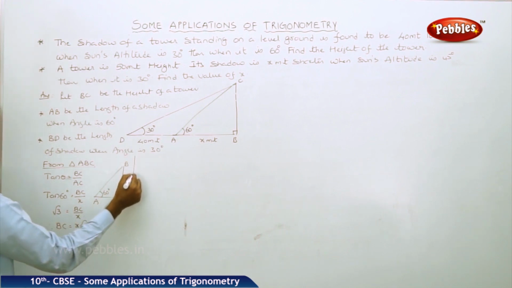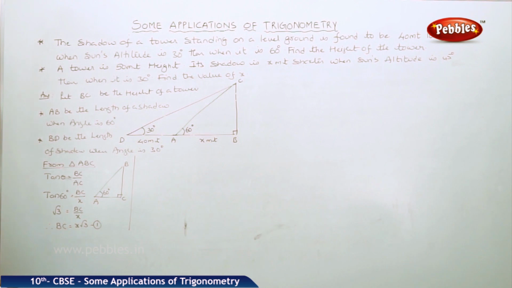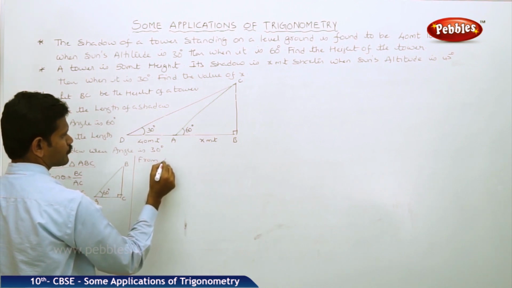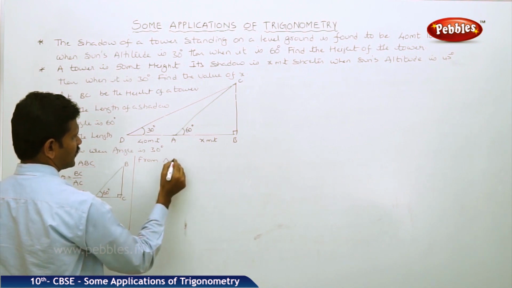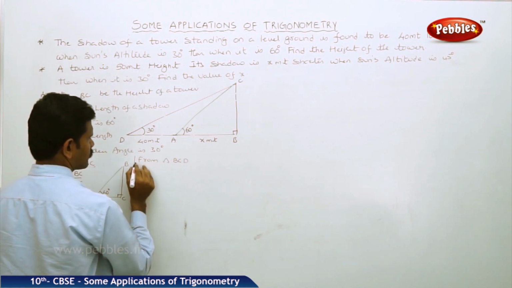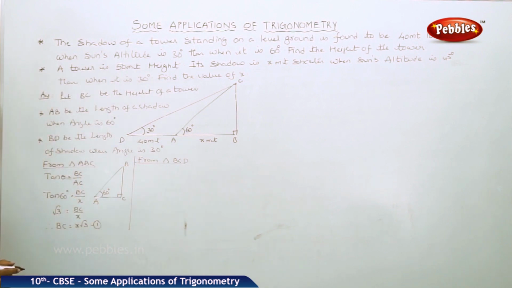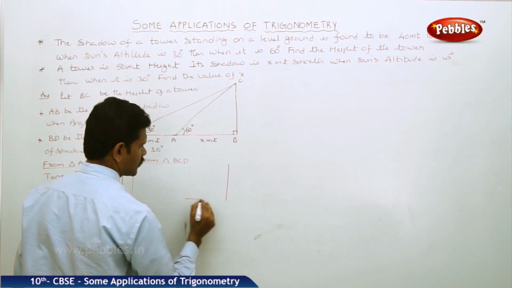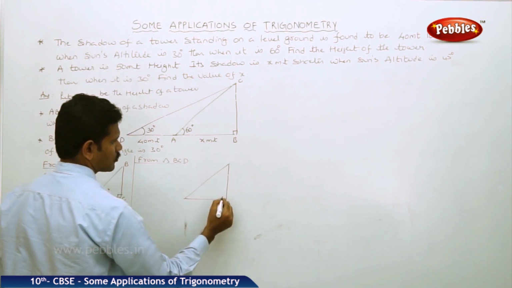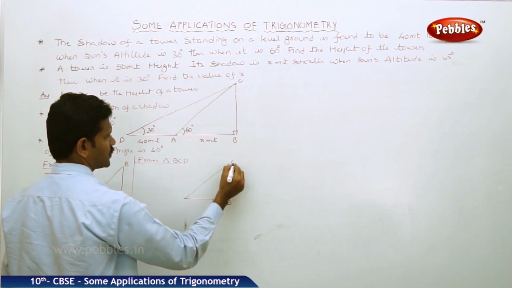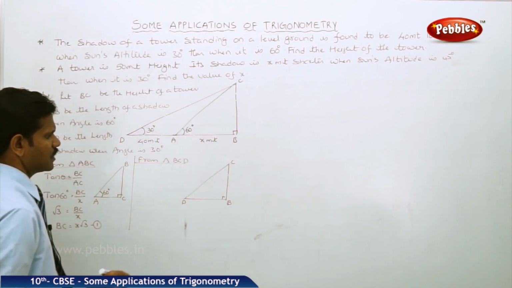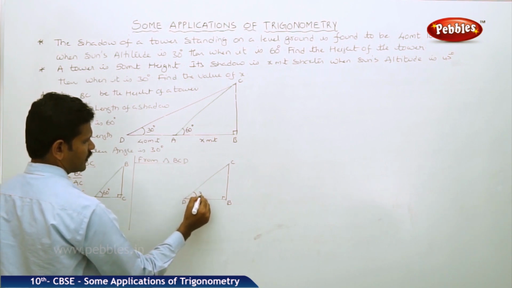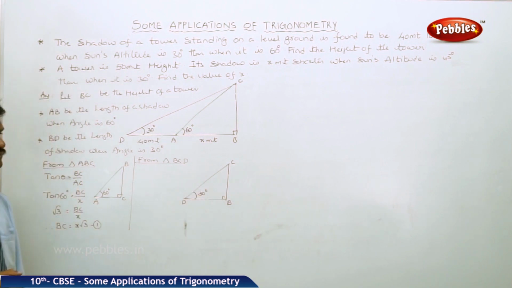Now let us consider the second triangle, that is triangle BCD. Take the triangle out. Right angle is at B, BCD, which makes an angle 30 degrees.